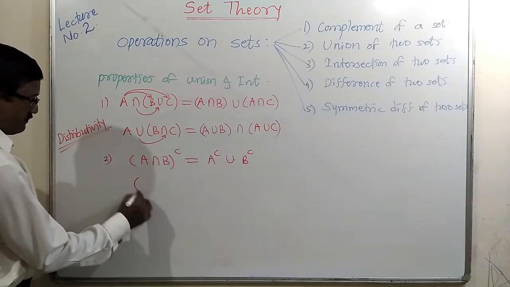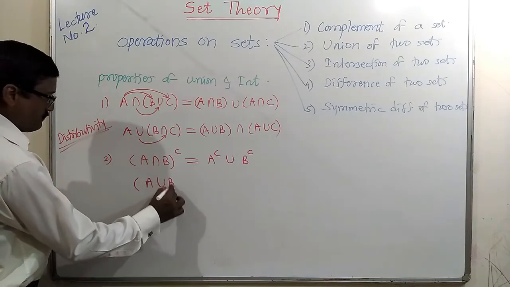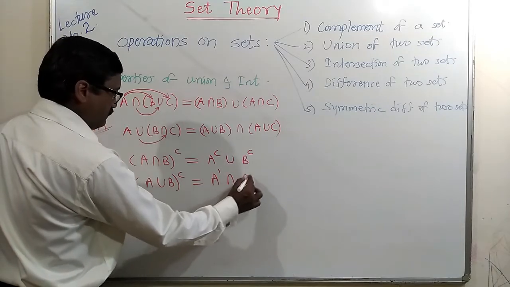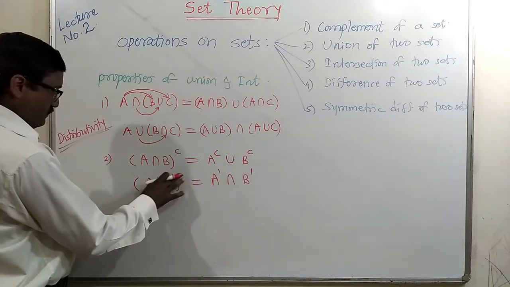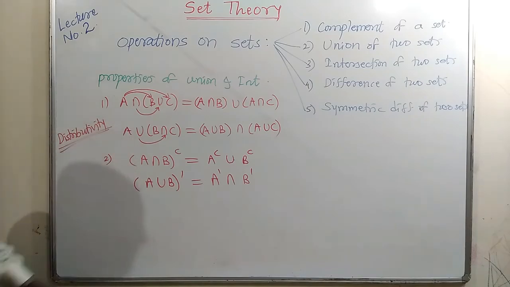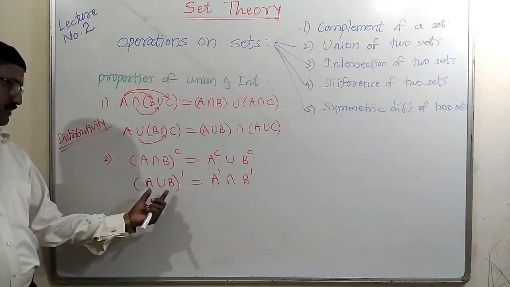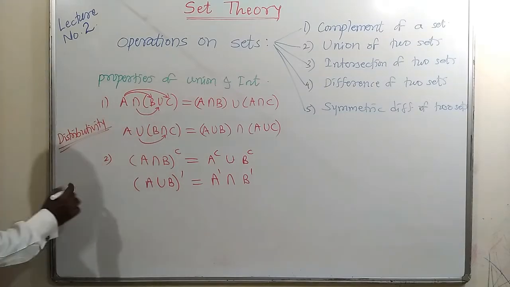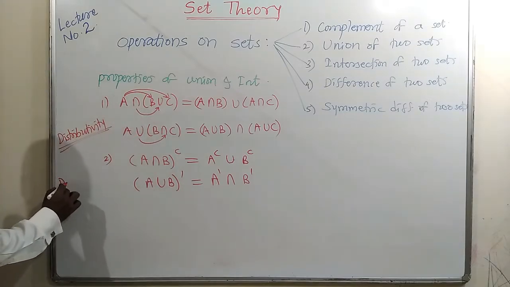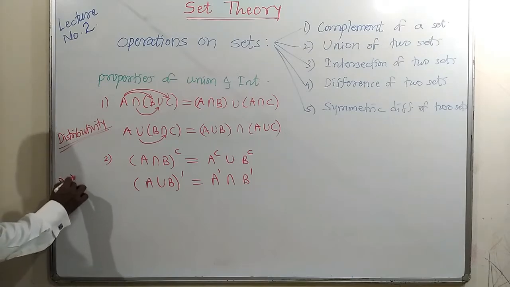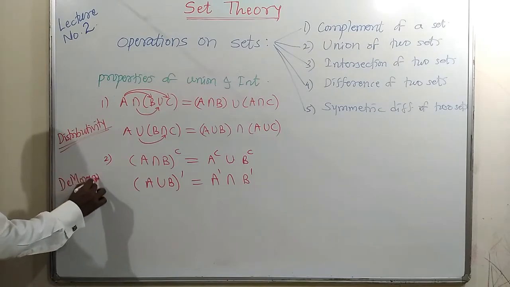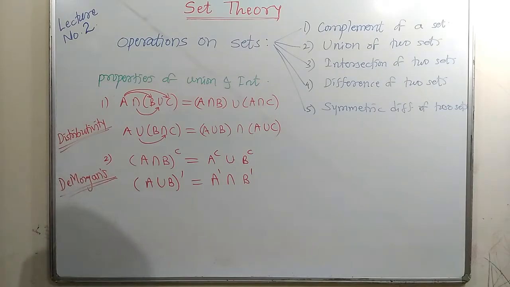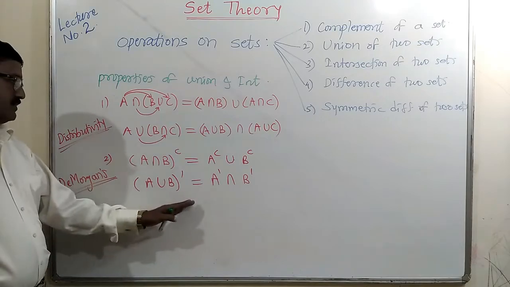The similar result will be (A union B) complement is equal to A complement intersection B complement. This can be written as the complement of union of two sets is equal to intersection of their complements, and these two laws are called De Morgan's laws.